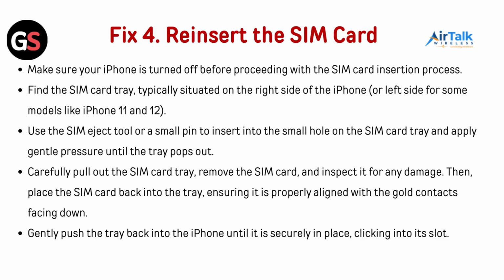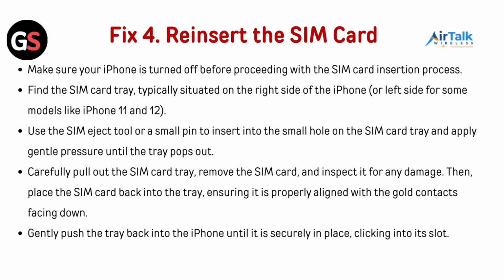Reinsert the SIM card. Make sure your iPhone is turned off before proceeding with the SIM card reinsertion process. Find the SIM card tray, typically situated on the right side of the iPhone, or the left side for some models like iPhone 11 and 12. Use the SIM eject tool or a small pin and insert it into the small hole on the SIM card tray, applying gentle pressure until the tray pops out.